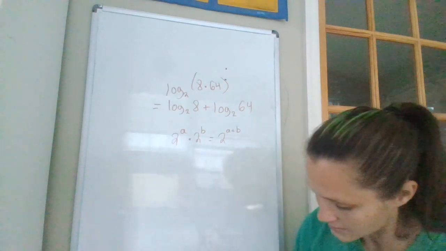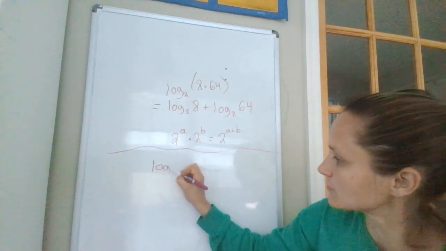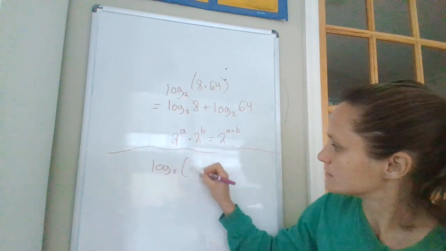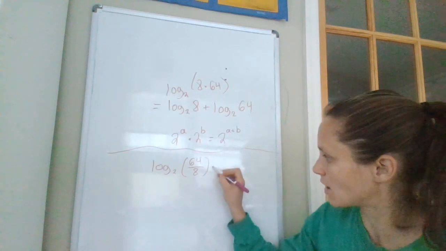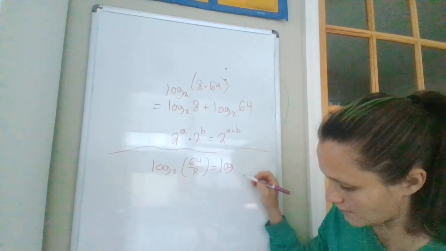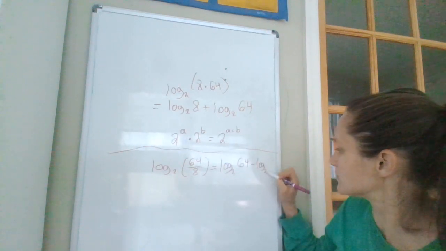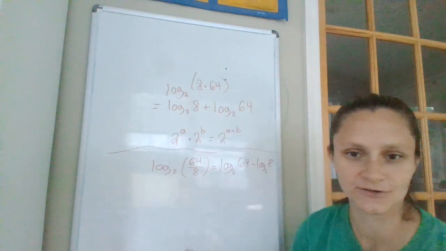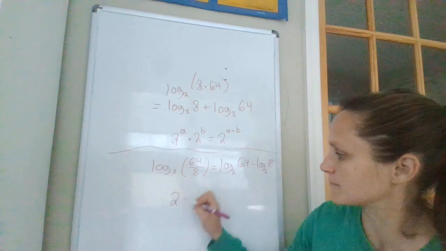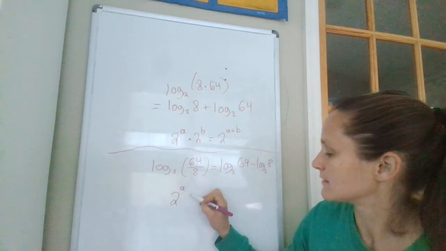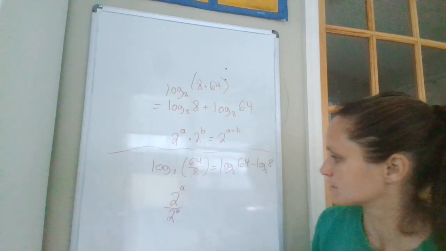Likewise, let's do the example where we have a log base 2 of 64 over 8. And then it shows us, oh, this becomes log base 2 of 64 minus log base 2 of 8. Okay, so this little magic trick happens too. And we're like, what just happened there? So this relates back to if I had a base 2 and it's a divided by 2 to the b.